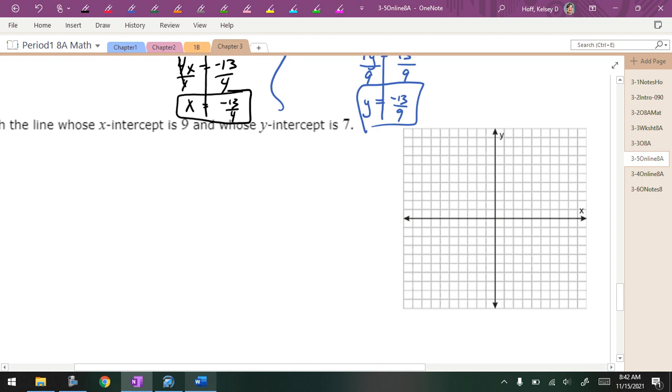Put a dot on the x-axis at 9 and a dot on the y-axis at 7. You should have a dot on this line and a dot on this line.